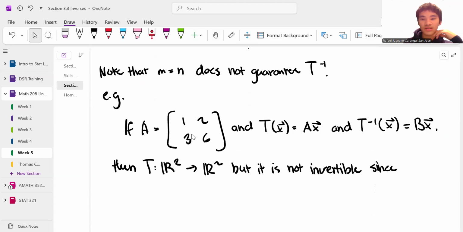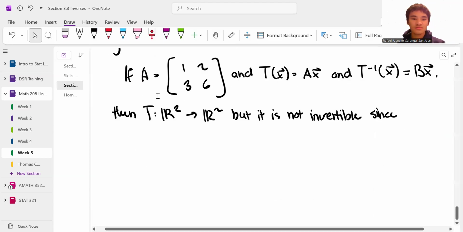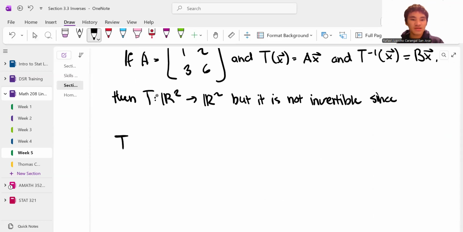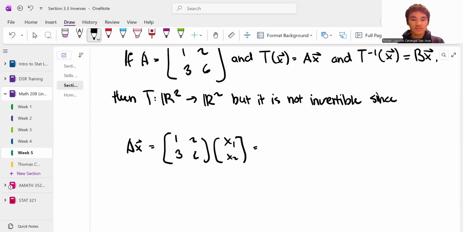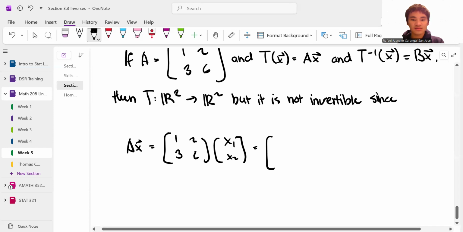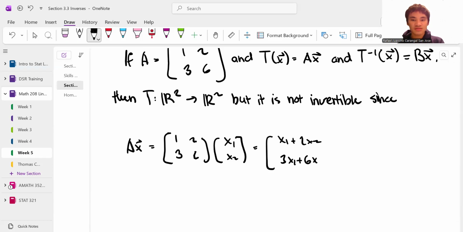What can we say? Well, we could try it out, right? We could say that this Ax is going to be what? These guys, right? Which is the same thing as x sub 1 plus 2x sub 2, 3x sub 1 plus 6x sub 2.